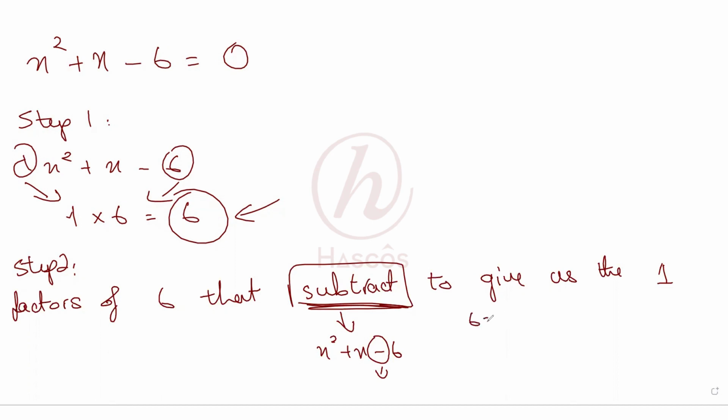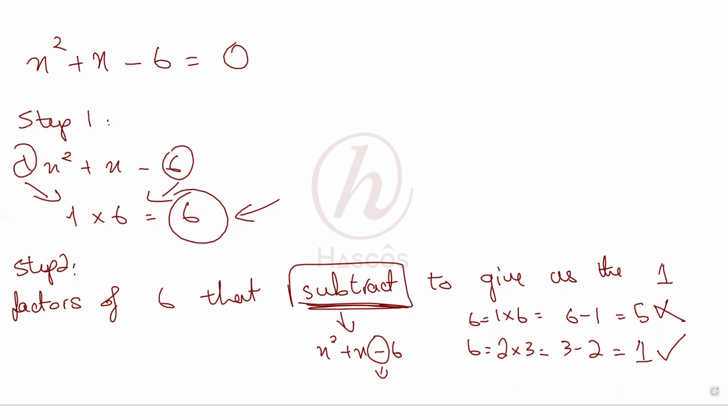So one pair of factors for 6 is 1 times 6. Now 6 minus 1 gives us a 5, which is clearly not 1, so we disregard that. Another pair of factors for 6 is 2 times 3. Now 3 minus 2 does give us a 1, and that is the middle term, so we are going to go ahead with this.